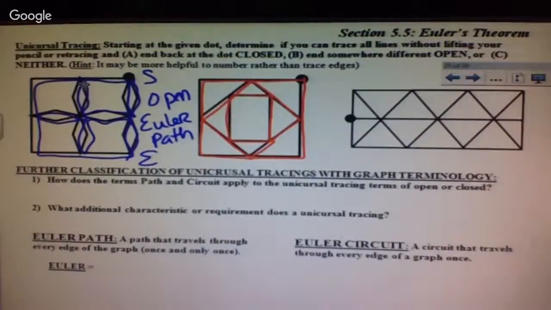That's all right. When we get to Fleury's algorithm, I'm going to give you the cheat. There's a cheat. Okay, so this is called closed, or in other words, an Euler circuit. Okay, that one is a closed one, or an Euler circuit.